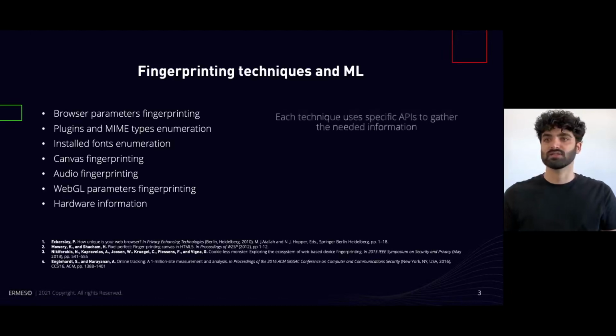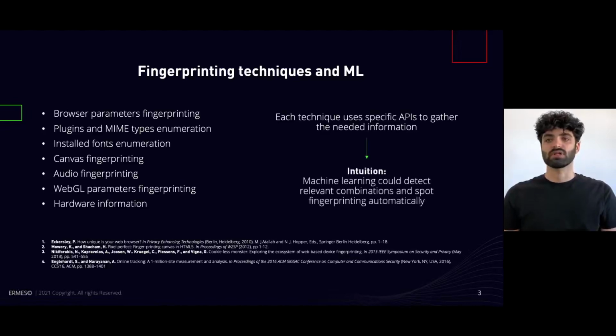Each of these techniques is characterized by a set of APIs that are needed in order to implement it, and trackers usually combine multiple techniques in order to increase the final entropy of the generated string and, as such, render it more identifying. From the consideration that fingerprinting is then implemented by exploiting multiple combinations of these APIs comes our intuition that machine learning could help us spotting fingerprinting scripts.